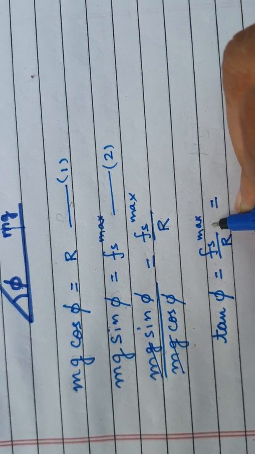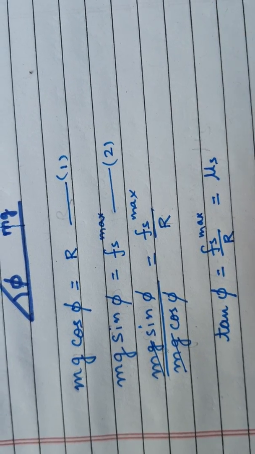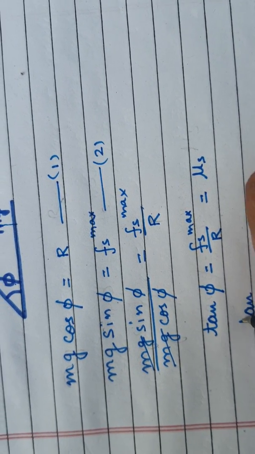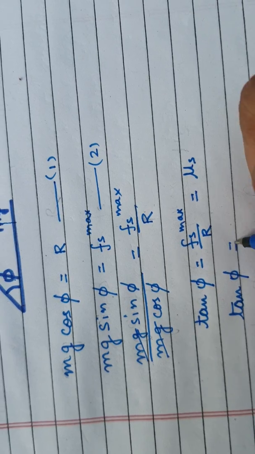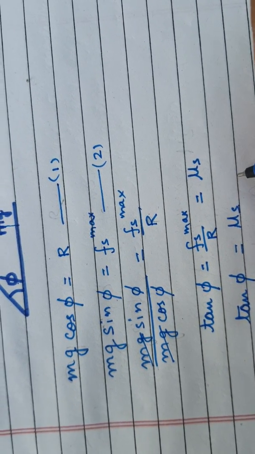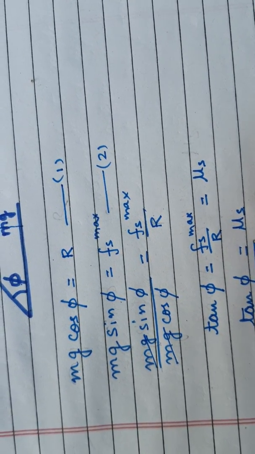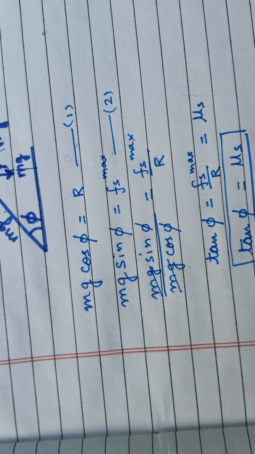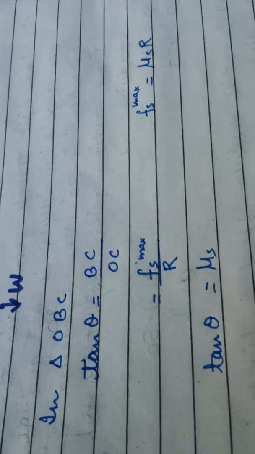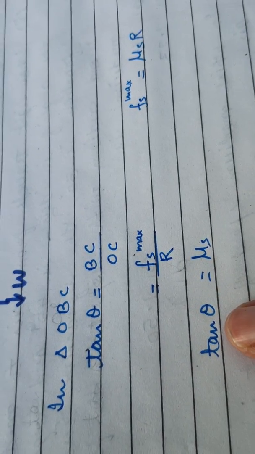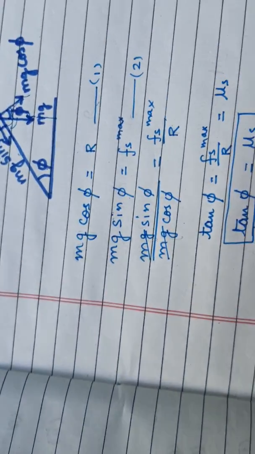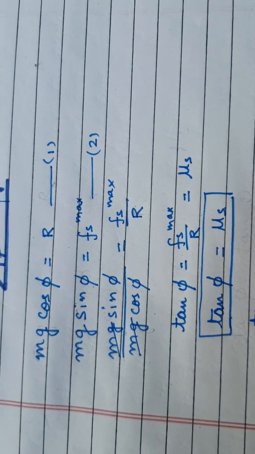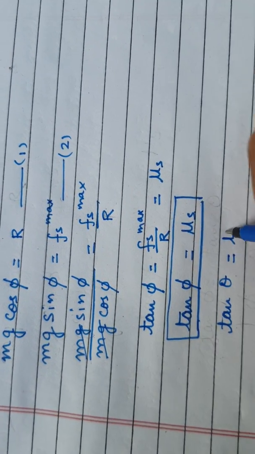And you all know that Fs max upon R is mu s. So we can say that tan phi is equal to mu s. Already we have calculated the angle of friction and got that tan theta is equal to mu s.